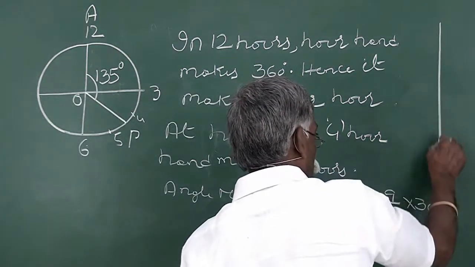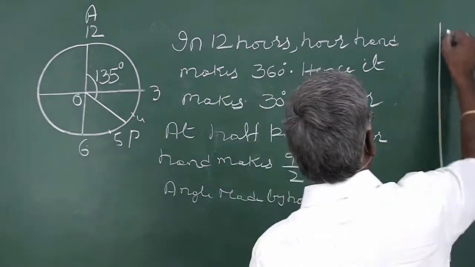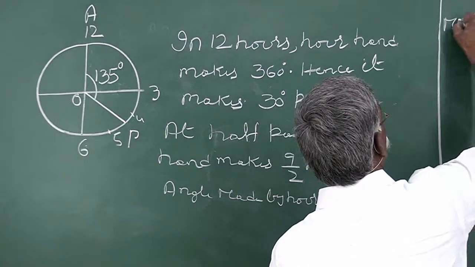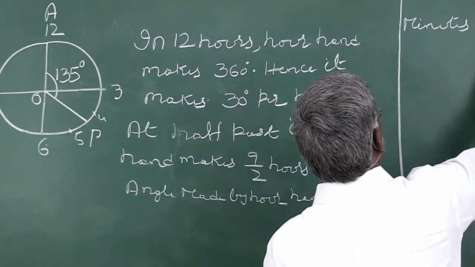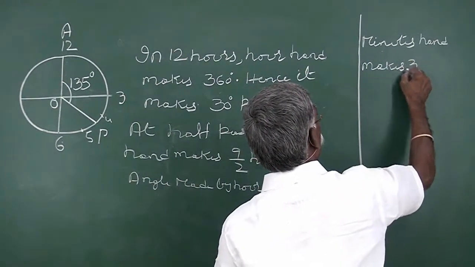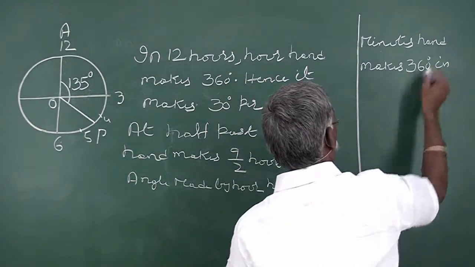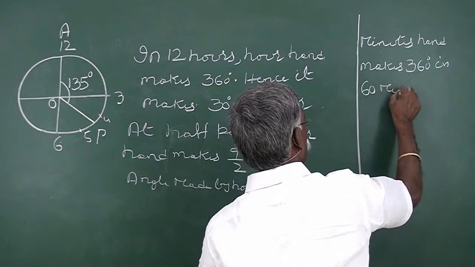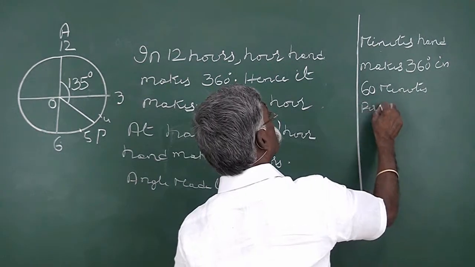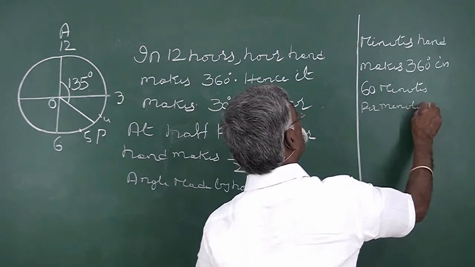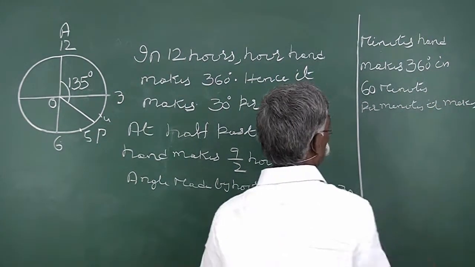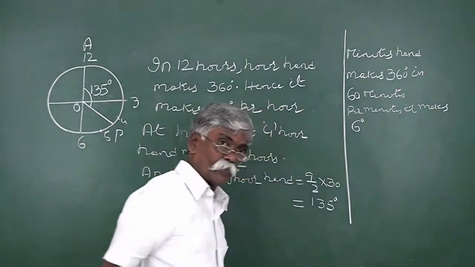Now, the minute hand makes 360 degrees in 60 minutes. So per minute it makes 6 degrees.